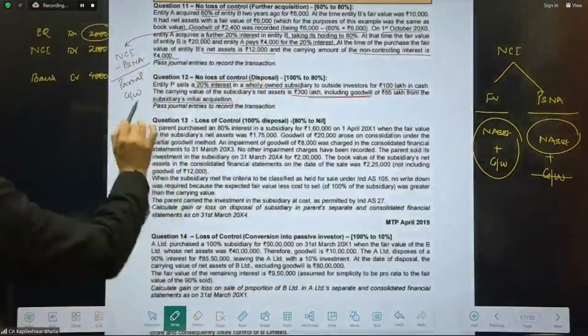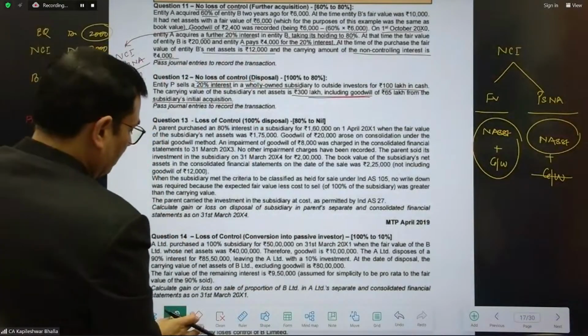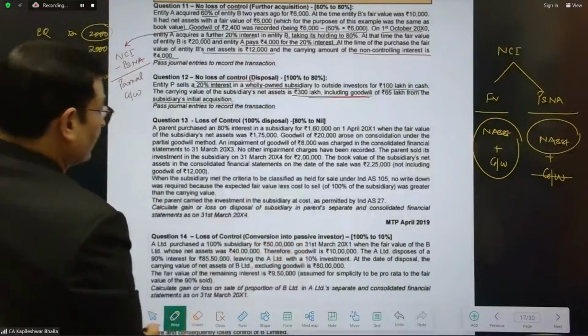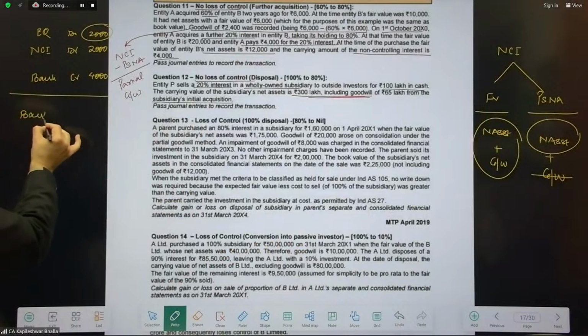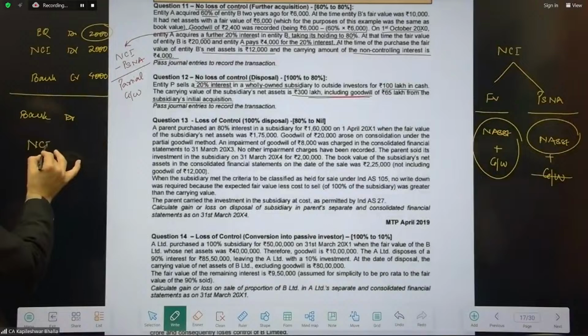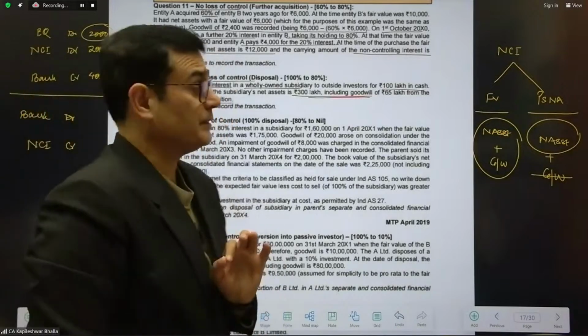So in this particular case, if I look at the entry, I made a sale. Let's put the entry. We made a disposal. So the entry will be: bank gets a debit for the money received. And we need to create an NCI, because the NCI is now created at 20%.